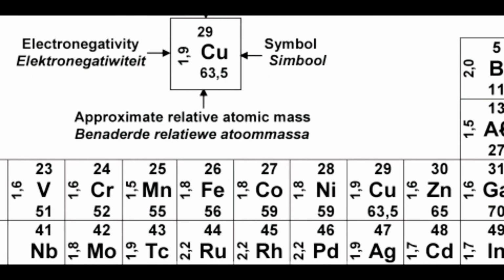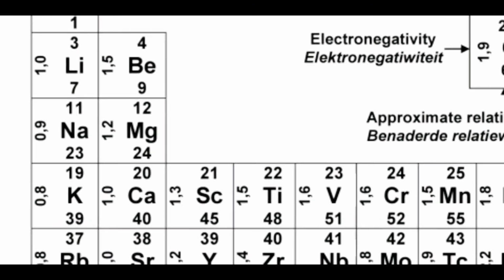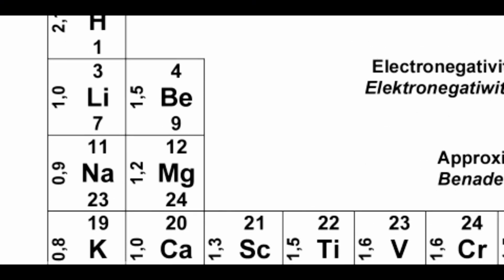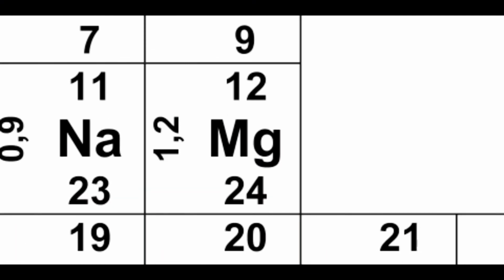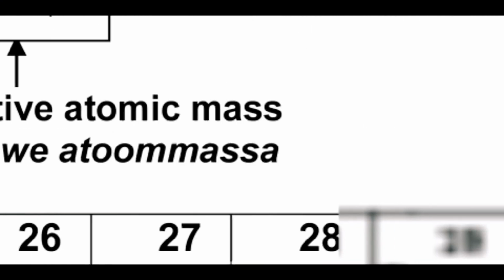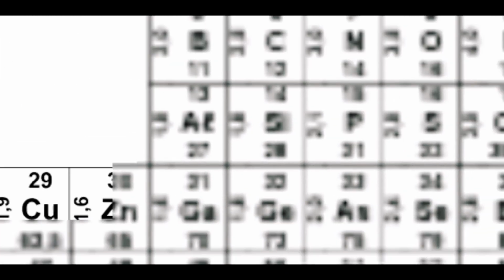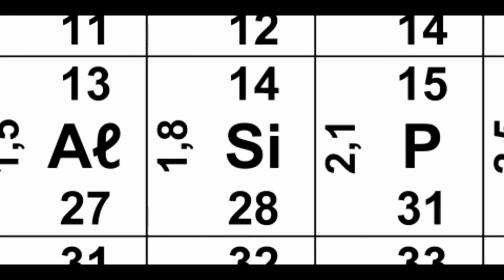Now we are looking for an atom with an atomic number of 11. If you look in group 1 of your periodic table, you'll see that the element sodium has an atomic number of 11. This means that P back in our table is the element sodium. Then we're looking for an element with an atomic number of 14, and we see that silicon has an atomic number of 14, meaning Q is the element silicon.